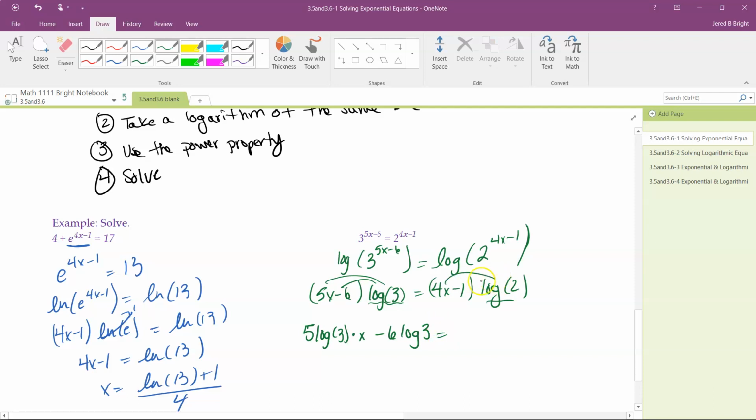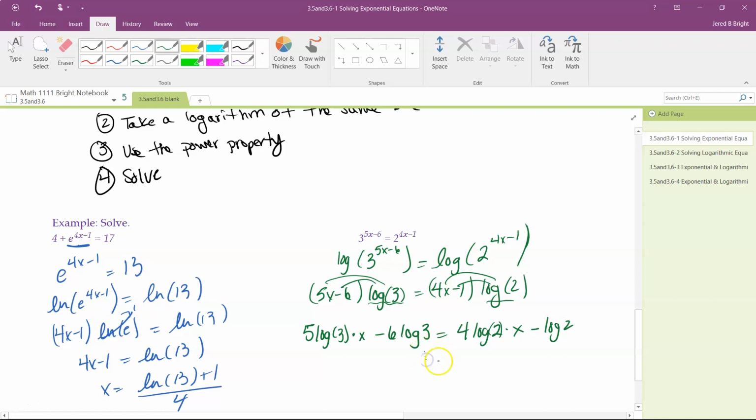And then distributing the log 2 in the same manner, you end up with 4 log 2 times x, and then minus log 2.